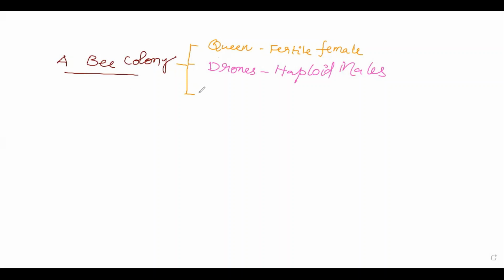And workers: many workers are present in the colony of honeybees. These are sterile females.